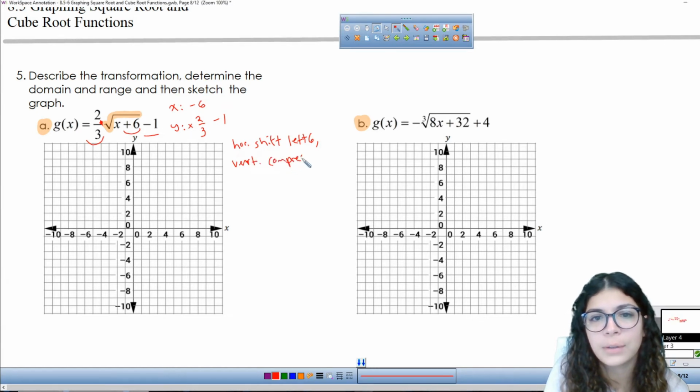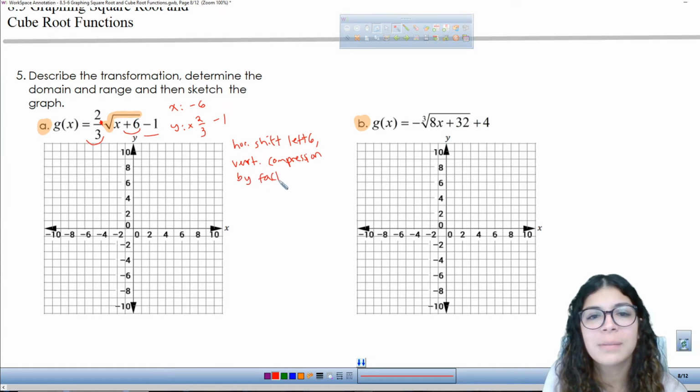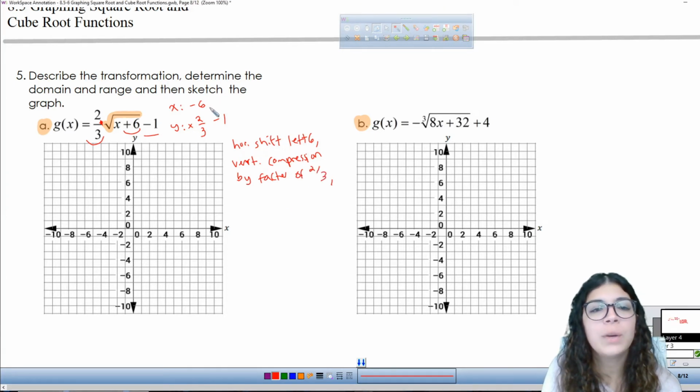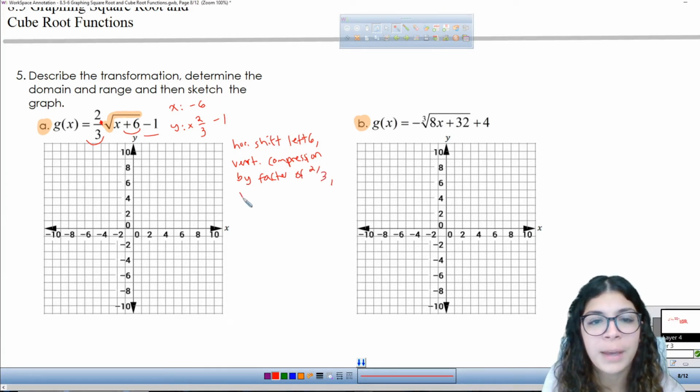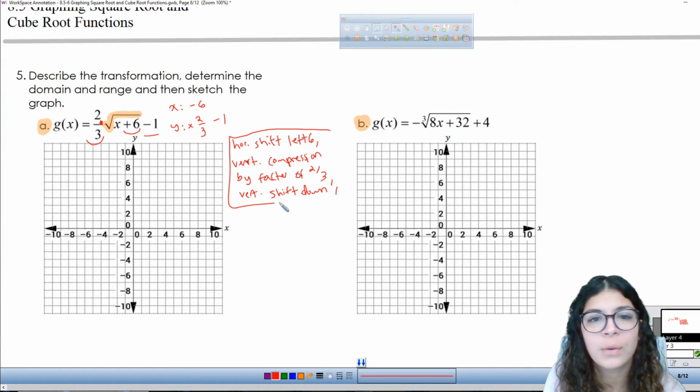I was getting a little ahead of myself there, going pretty quickly. That's where you make mistakes, right? By a factor of 2/3, okay? Then we are subtracting 1 from y, so that will be a vertical shift, and with subtraction, so down 1 unit. Okie dokie.